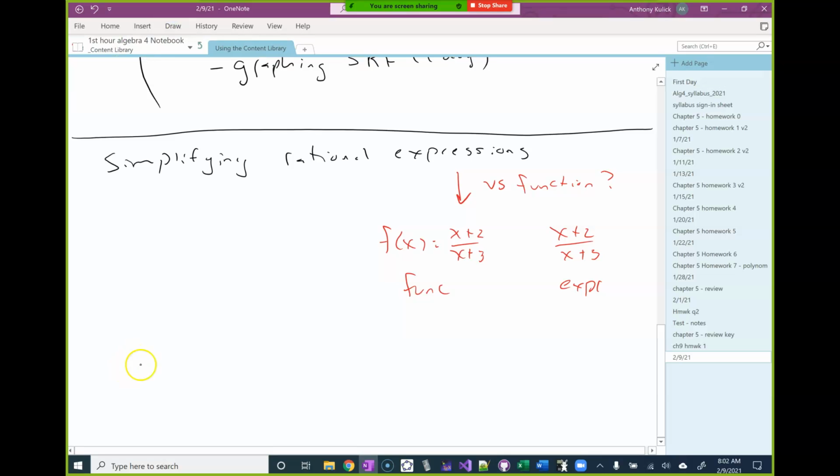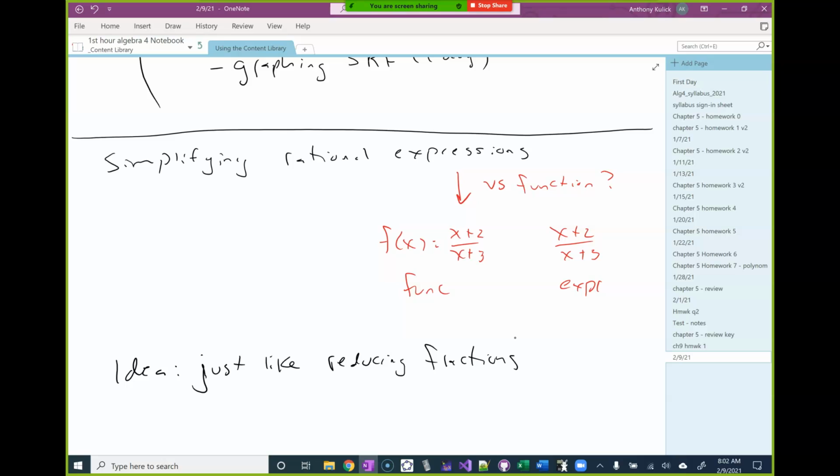All right. So the idea here is just like reducing fractions. When we talk about simplifying a rational expression, really it's going to be kind of the same idea as reducing a fraction.